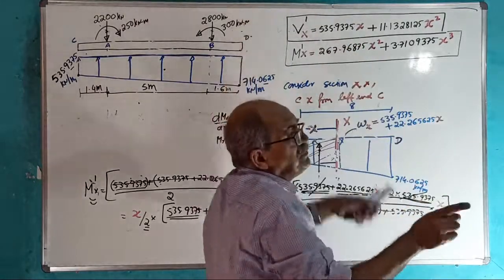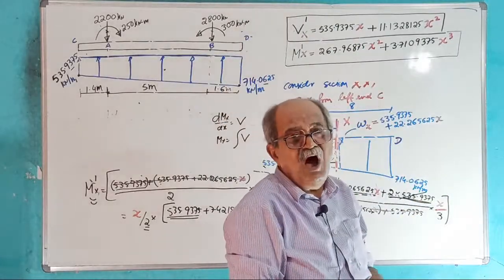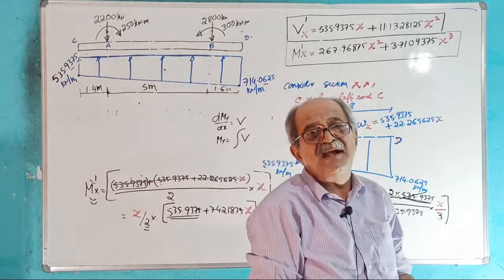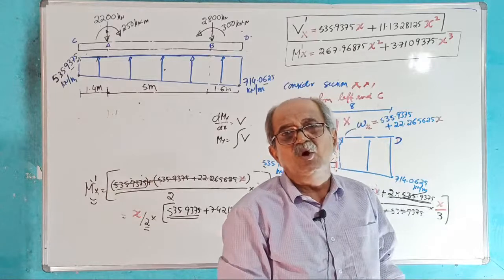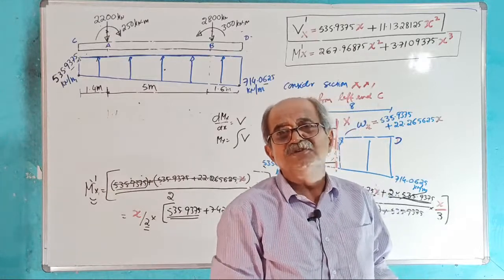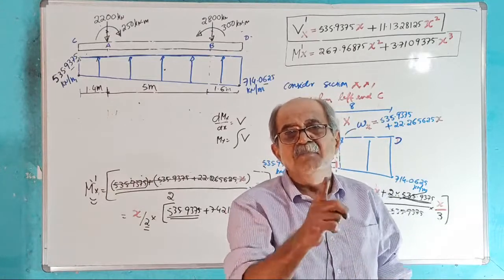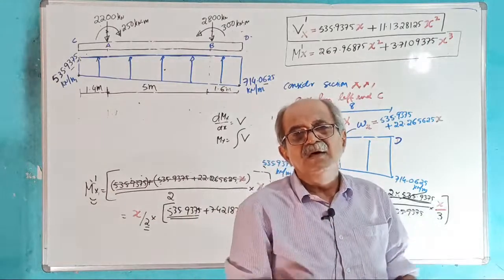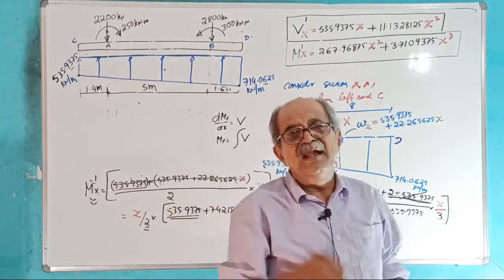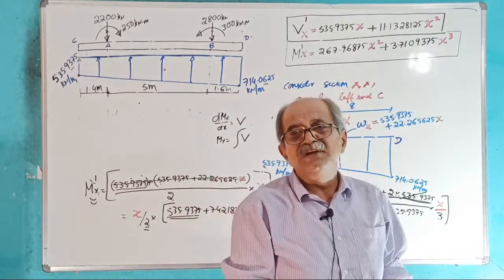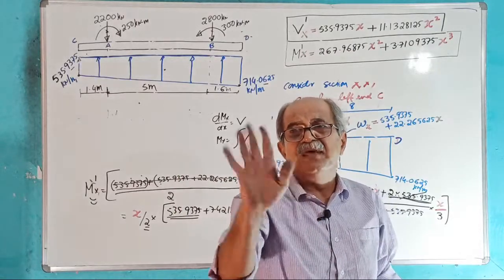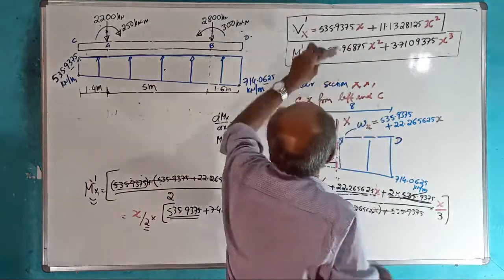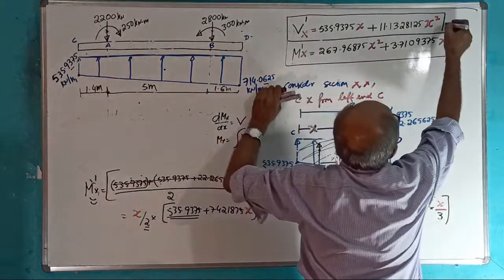You need not bother about boundary conditions because integration constants are going to be 0, because when X equal to 0, shear force equal to 0. When X equal to 0, bending moment equal to 0. So the constant will become 0. Now integrate. Now this you can write very easily.